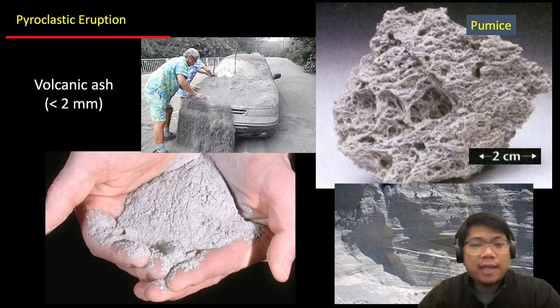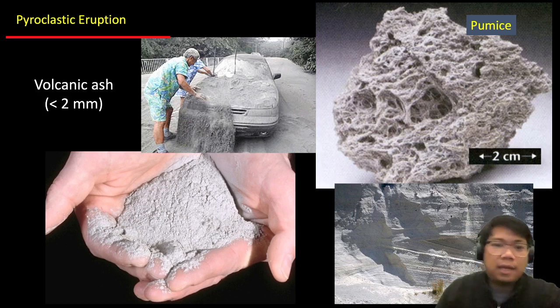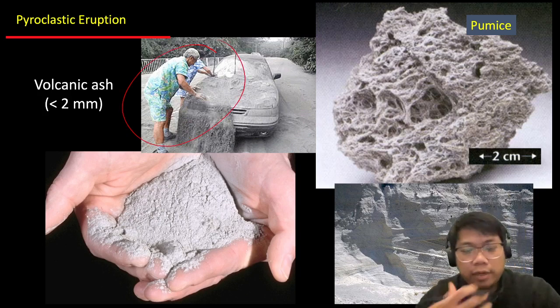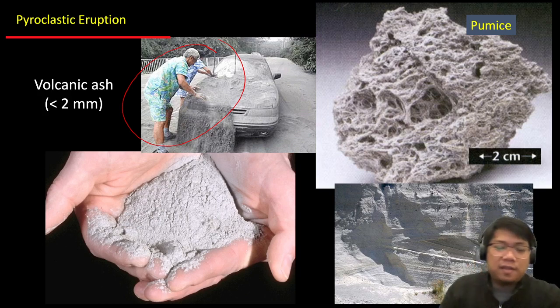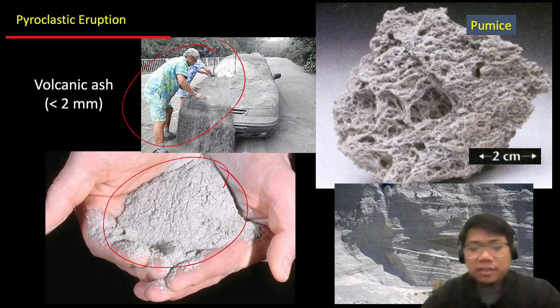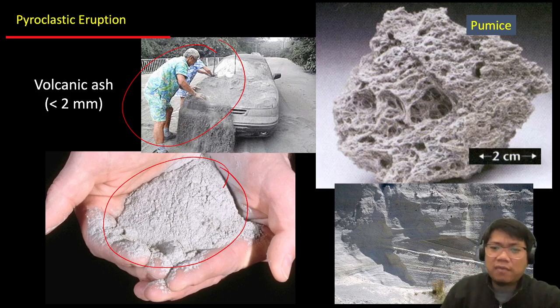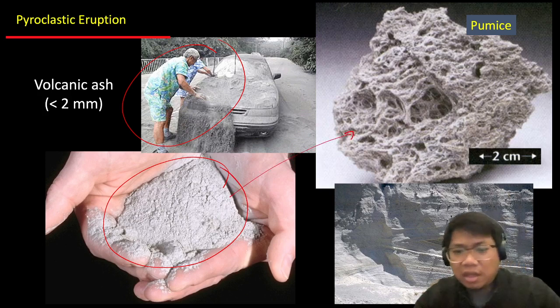So this is what volcanic ash looks like, and these people are supposed to wear some protective equipment, maybe some masks. The reason I say that is because volcanic ash actually consists of glass shards, so they are very, very sharp.